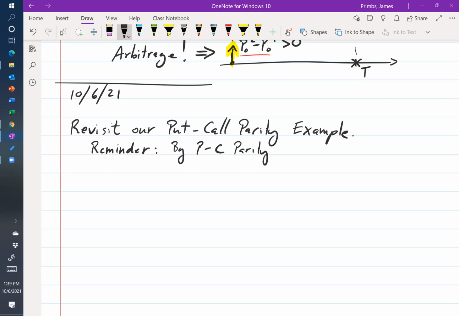I don't have to always write put call. By put call parity, we calculated that the put premium should have been $2.02. Okay, that's what I go back to that example that I just showed you. And that was our answer. Put call parity said the put must be priced at $2.02.